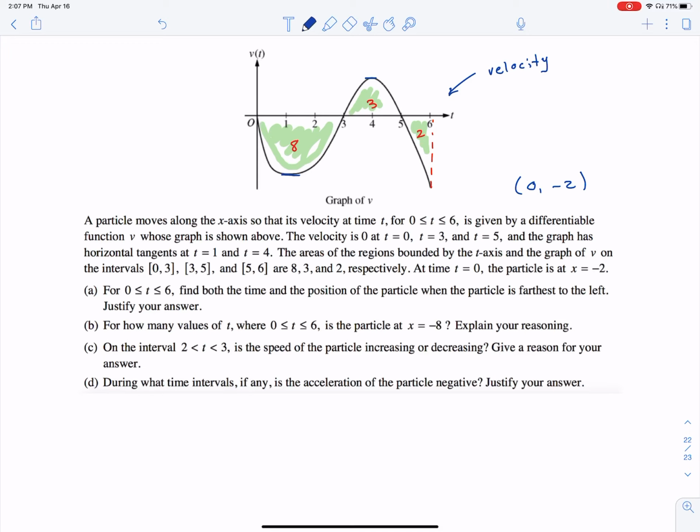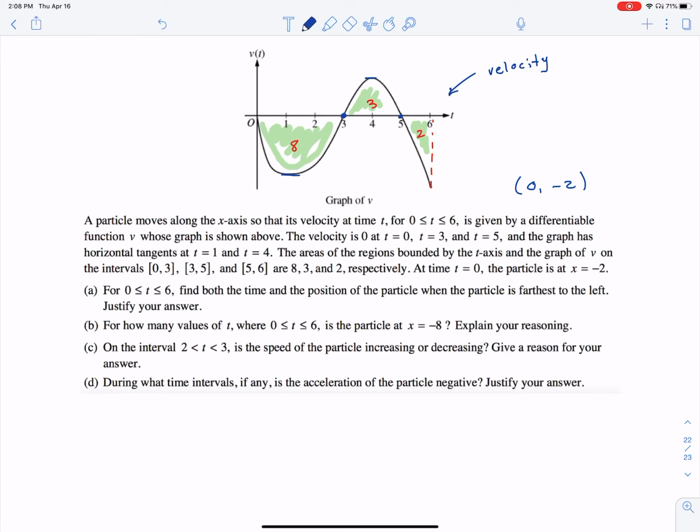So let's think about what we need to do in order to find an absolute minimum. We need to do a couple things. One, we need to know what the critical numbers are. In this case, I think you'd agree, the critical numbers are where the derivative equals 0. So we have critical numbers at 3 and 5.